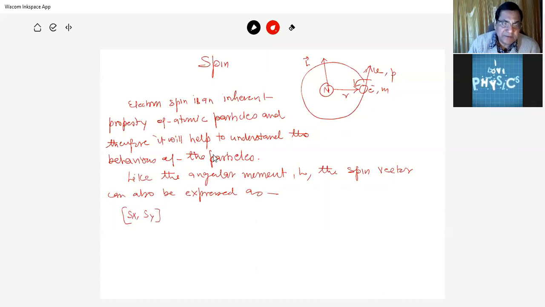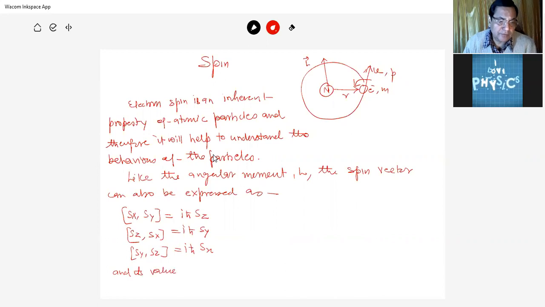[Sx, Sy] is equal to iħ cross Sz, [Sz, Sx] is iħ cross Sy, [Sy, Sz] is iħ cross Sx, and its values are plus minus 1 by 2.